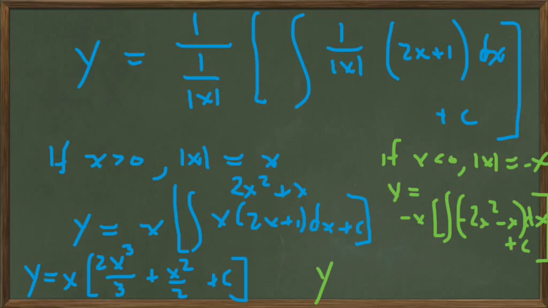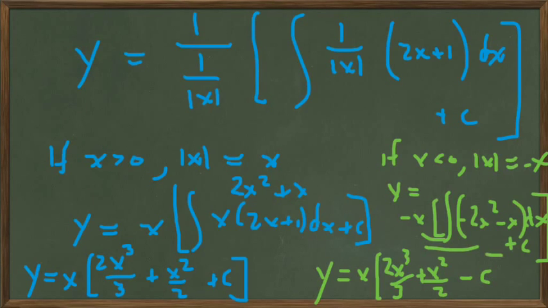And we see that when we distribute this minus sign across, we get the same thing as before for most of it, x times 2x cubed over 3 plus x squared over 2, but it's then minus c here times x.